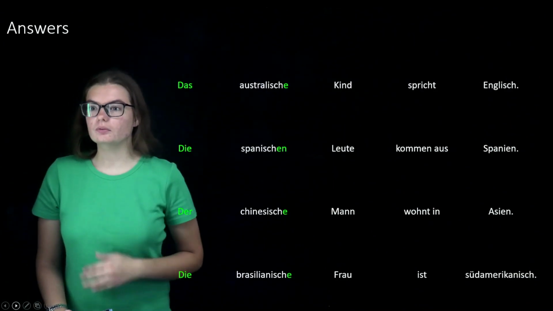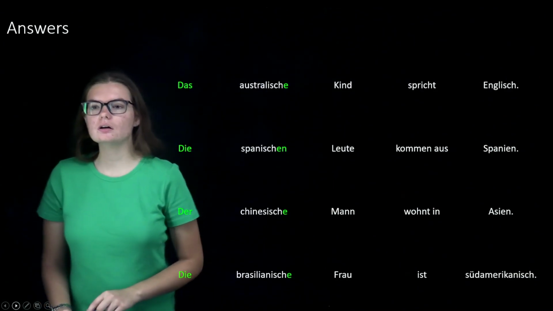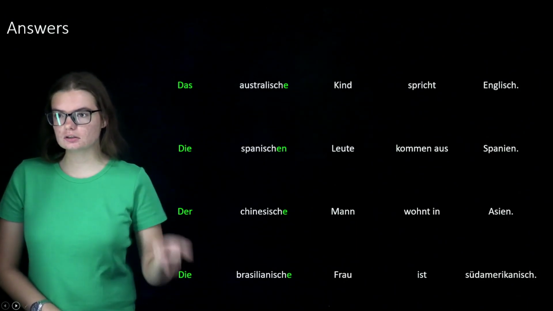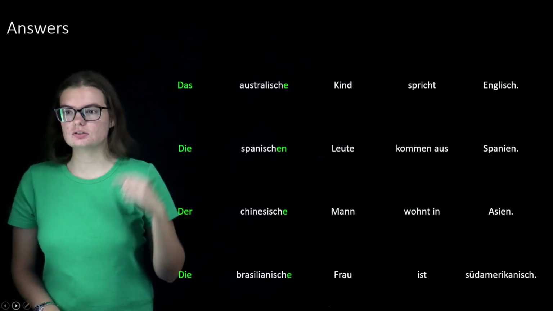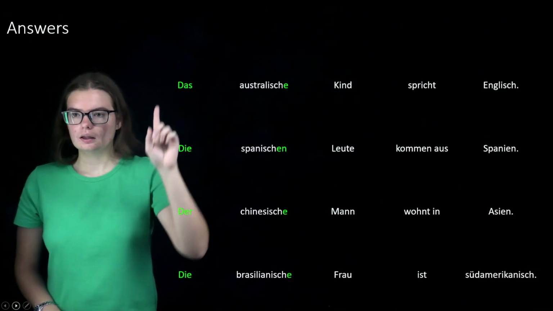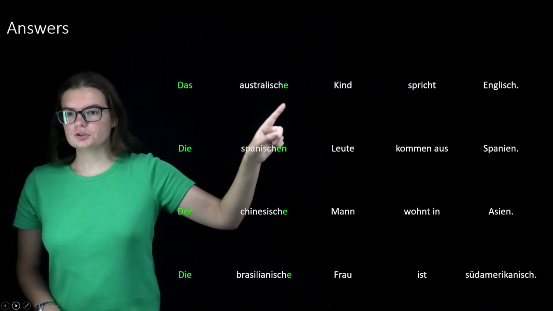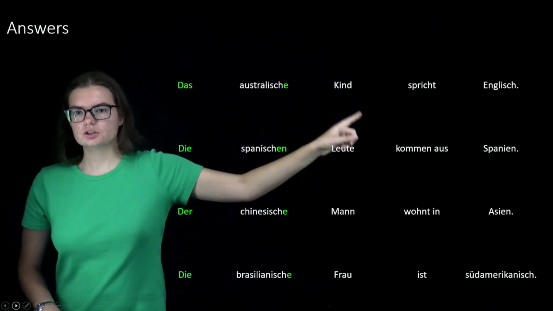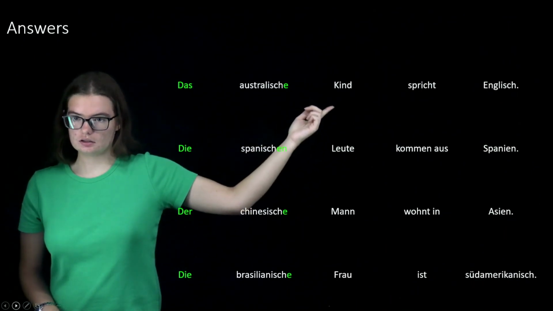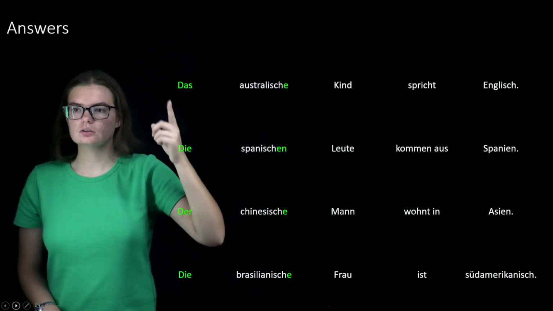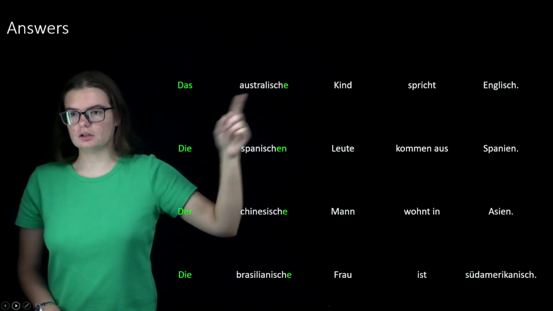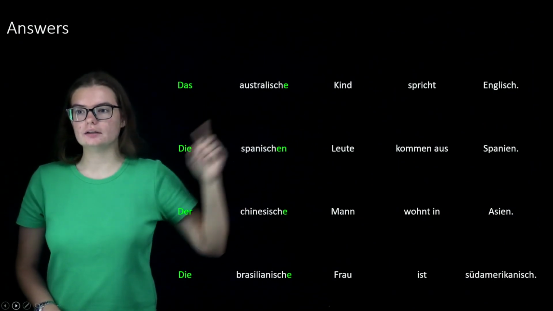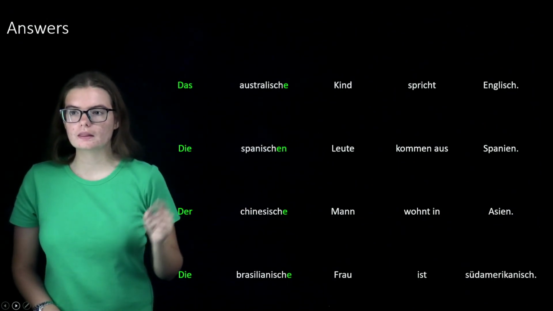And now that you've hopefully paused the video and filled all the answers in, I have the correct answers for you here. Das australische Kind spricht Englisch. Kind is neutrum, so it's das australische. The Australian child speaks English.